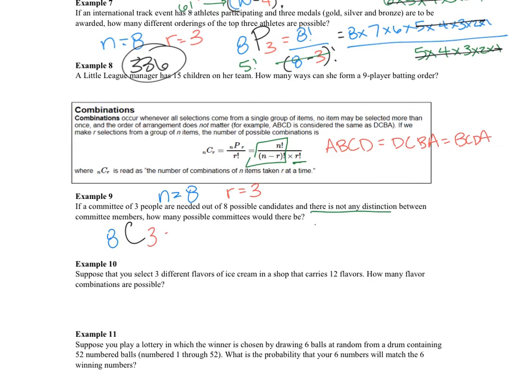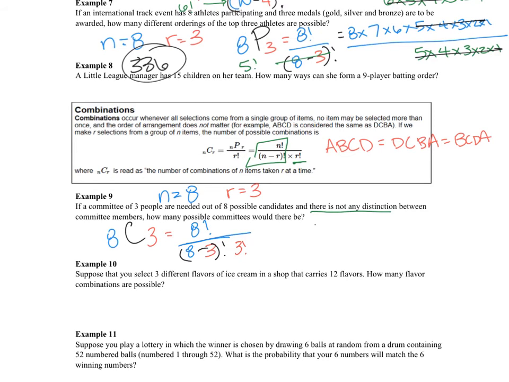So 8C3, that's equal to 8 factorial over 8 minus 3 factorial, which is the permutation formula. But there's one extra step we need to do now. Let's calculate the permutations. But because permutations are unique and combinations are not, we need to go ahead and take out repetitions. And so now we're going to take out the repetitions, which are just 3 factorial.